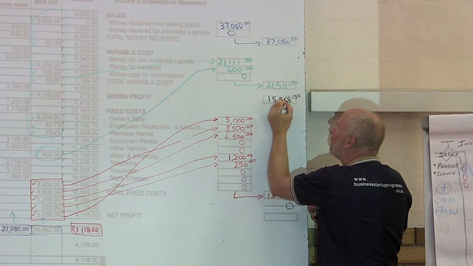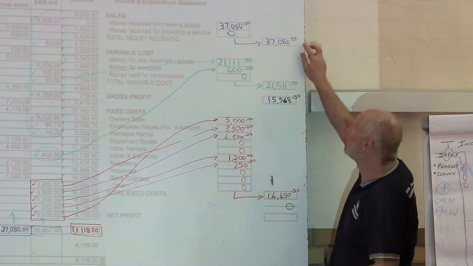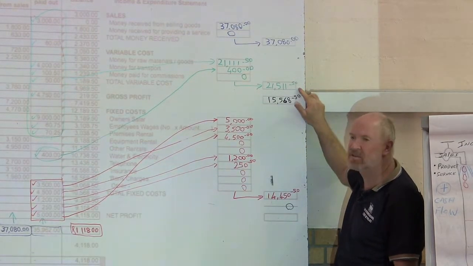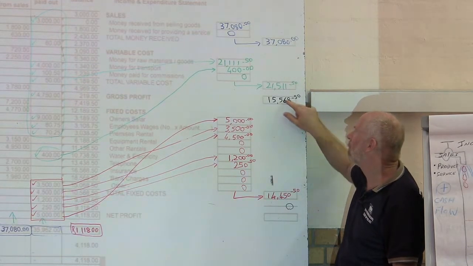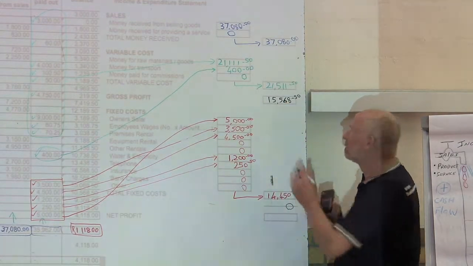Okay. So you see that, Wendy? The amount of money you've got from your sales minus what you've spent on your products gives you your gross profit. Okay.